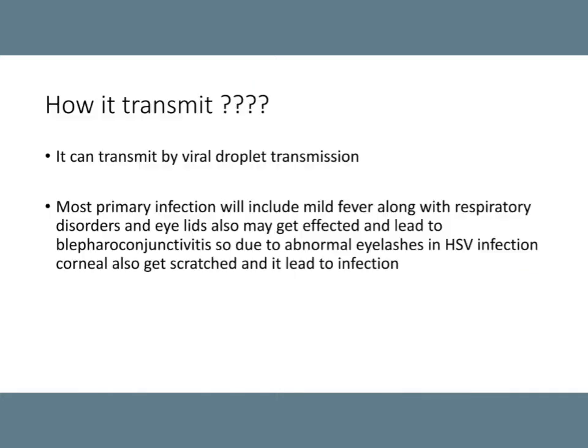It spreads by droplet transmission. Most primary infections include mild fever along with respiratory disorder, and the eyelid may also get affected and lead to blepharoconjunctivitis. Due to abnormal eyelashes, these eyelashes can be misdirected and rub the cornea, which can also lead to some corneal scarring. If the eyelid is involved, the cornea can also get affected and lead to infection.